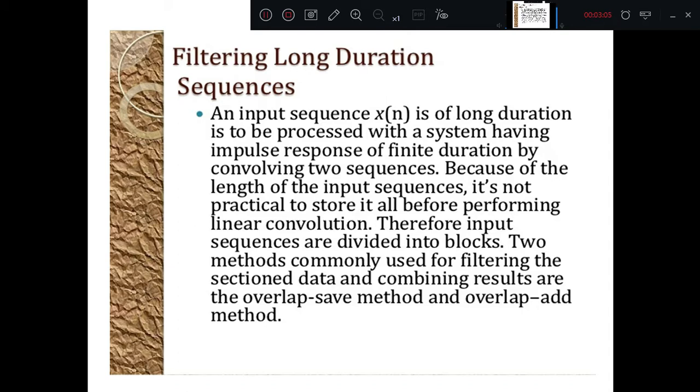Once you perform the linear convolution between each small block and the system response, you combine all the linearly convolved output sequences, and you get the resultant output y of n, which is the output of the LTI system.